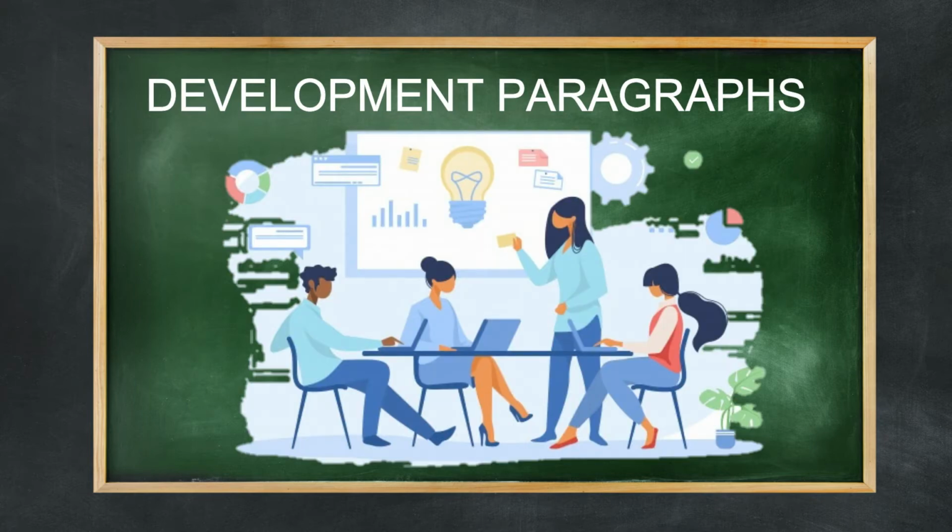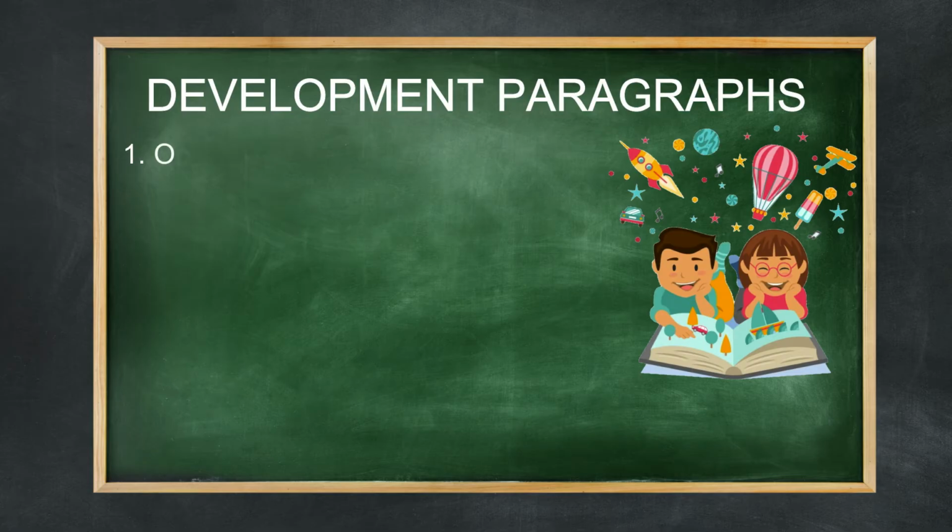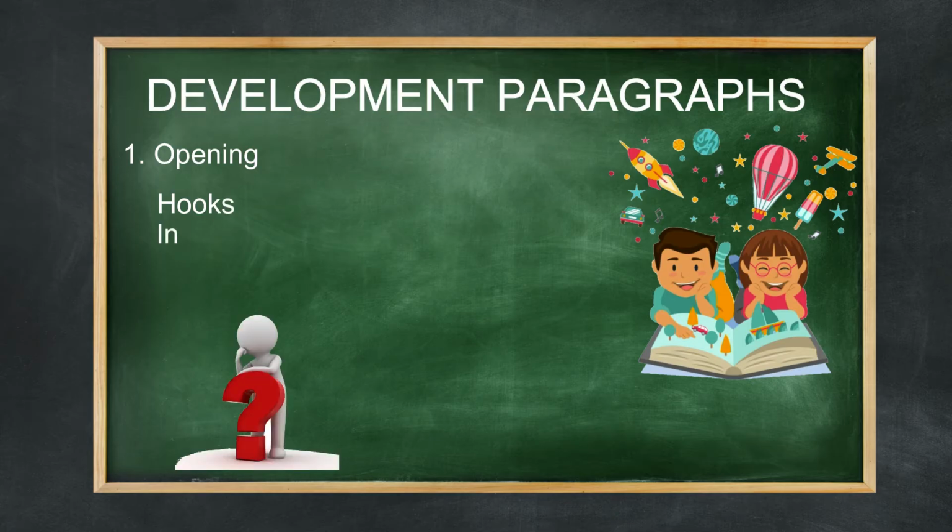The development paragraphs. Remember that these can vary in length and in number. If you state 3 main points in your thesis, then you should have 3 development paragraphs. You may get ideas from the following. 1. Opening. Hooks. Tell if the story is grabbing from the first line or if it makes you want to read on. Introduction of central character.